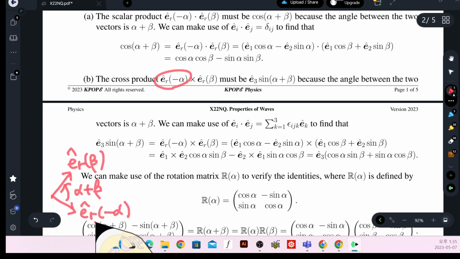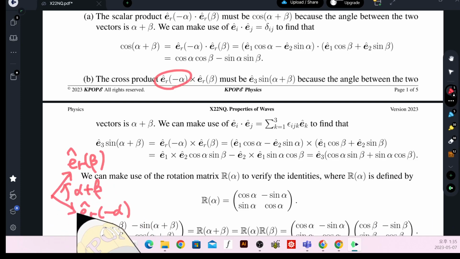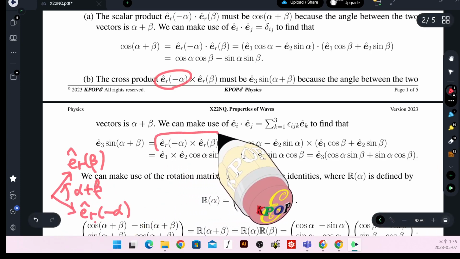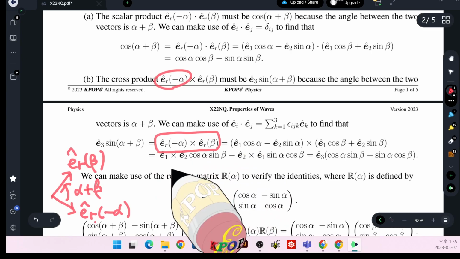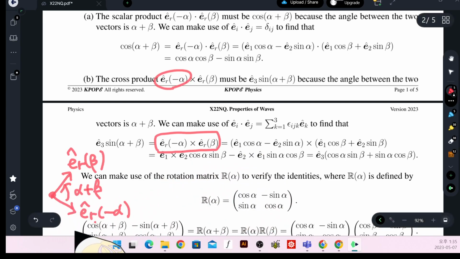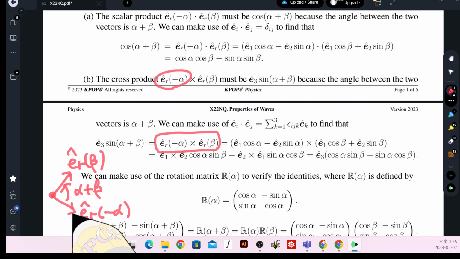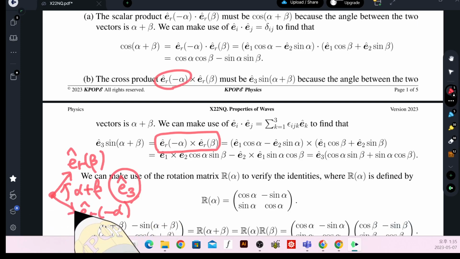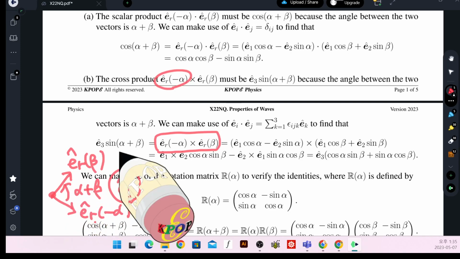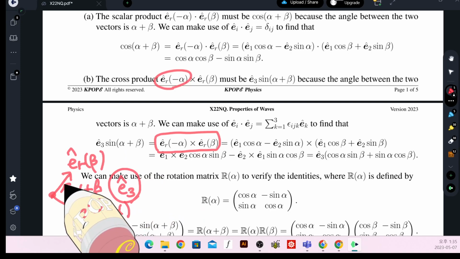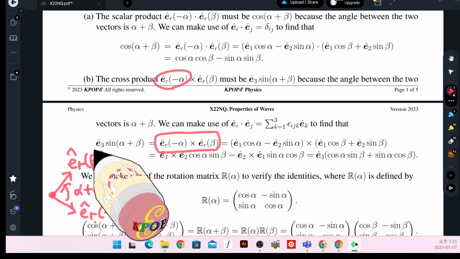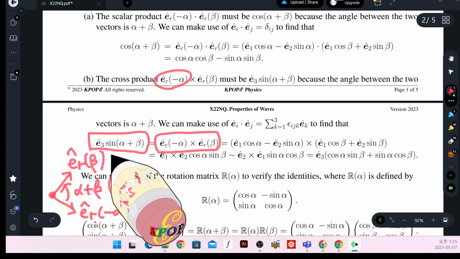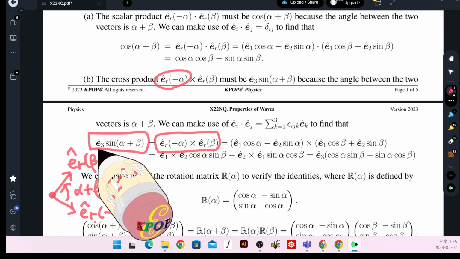We know this cross product is proportional to the normal vector, and the normal vector can be obtained as e3 hat in the positive direction because we are rotating this vector to there counterclockwise. Therefore, because the angle between them is alpha plus beta, we have the result like that.